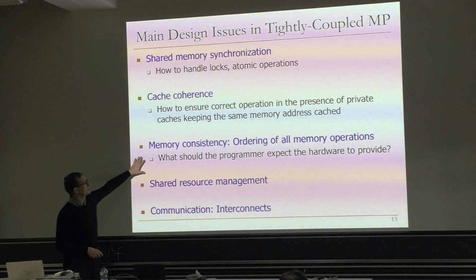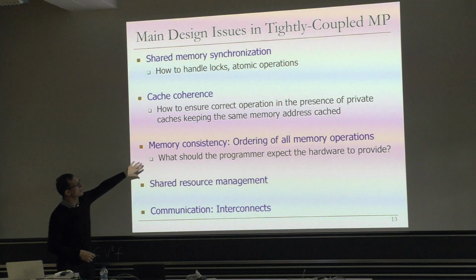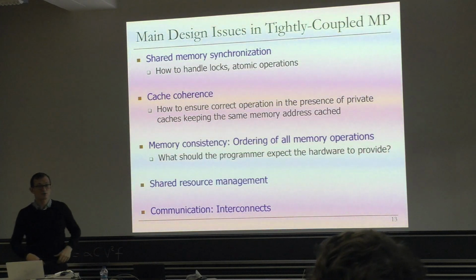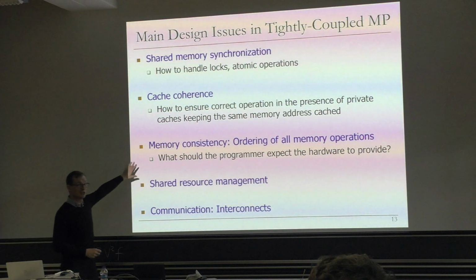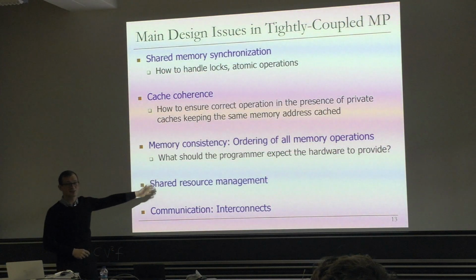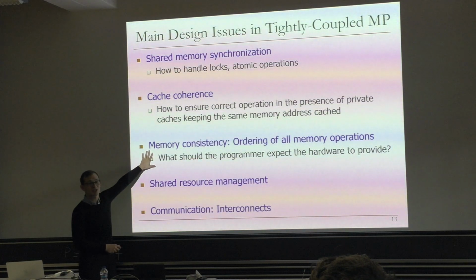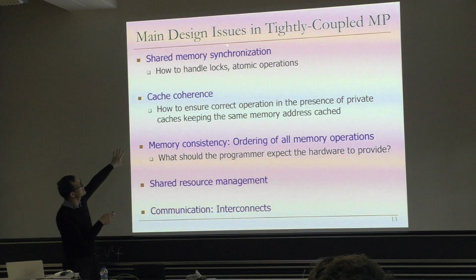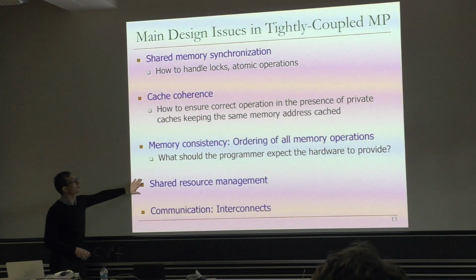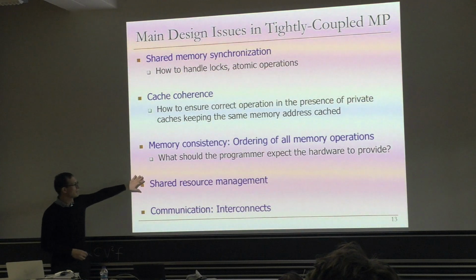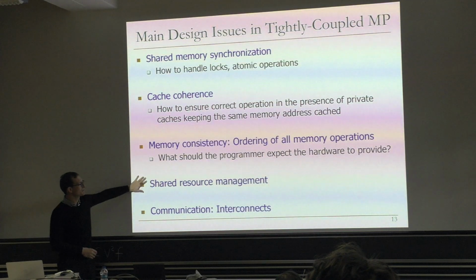And the second one we're going to talk about is memory ordering. What should the programmer expect the hardware provides in terms of the ordering of operations? And you will see that if the hardware doesn't provide any support beyond a single processor, then you may run into incorrect operation, especially when you're implementing synchronization primitives. And clearly we talked a lot about shared resource management. Tightly coupled multiprocessors have this problem.